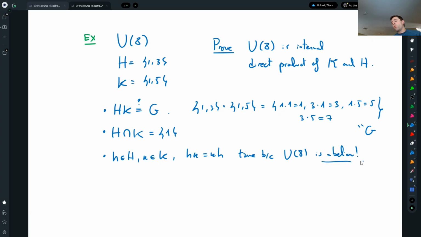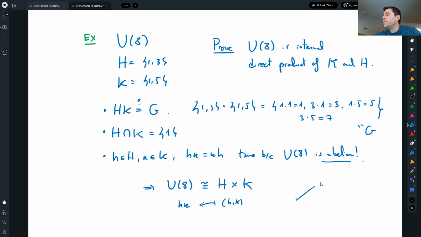Okay, so that tells me that all the conditions are satisfied, and therefore U8 is isomorphic to H cross K, and it does give me the isomorphism. The isomorphism is that any hk goes to h times k, which is the isomorphism that I had proved earlier in this particular example. So it is the internal direct product.